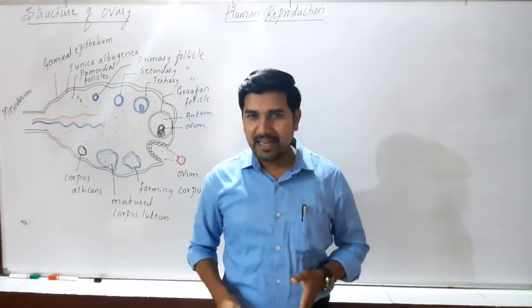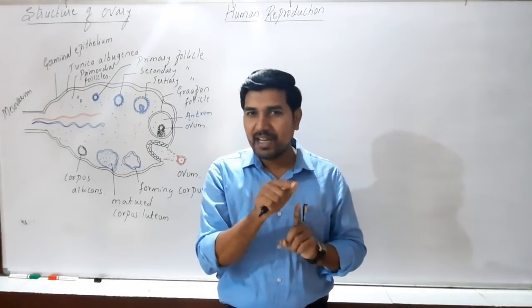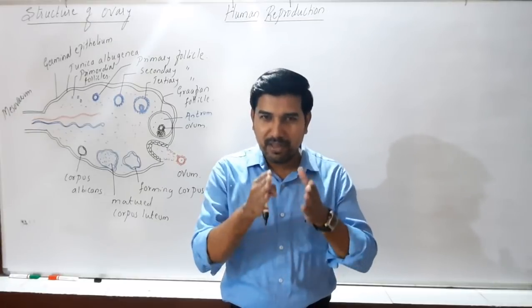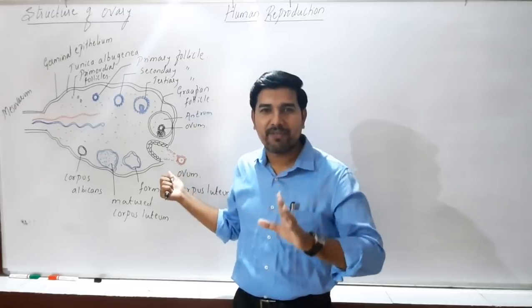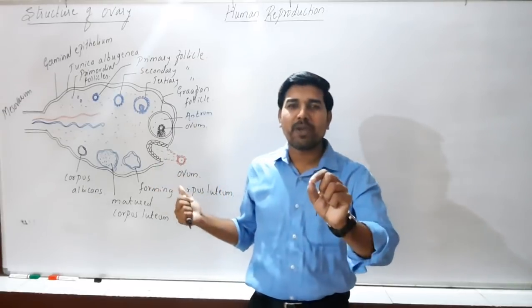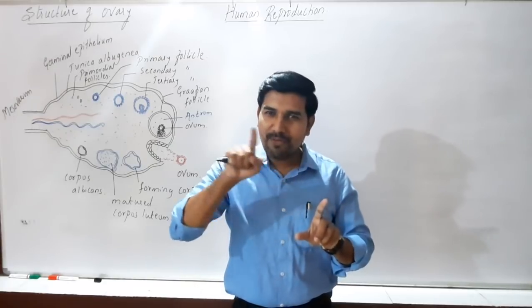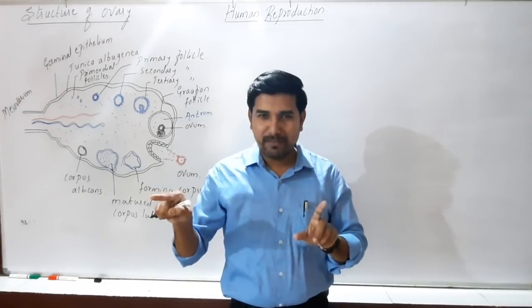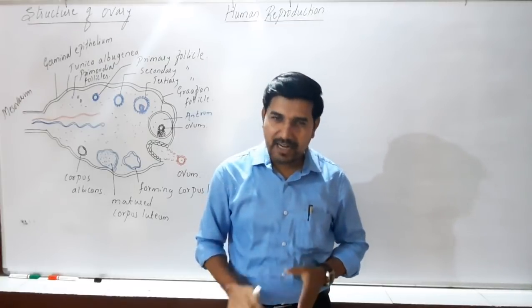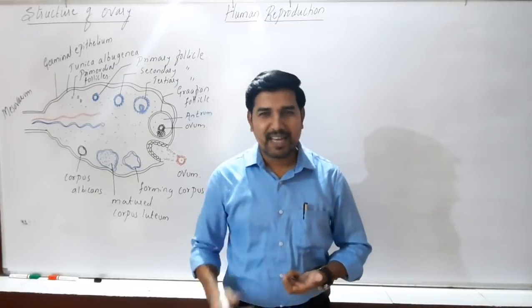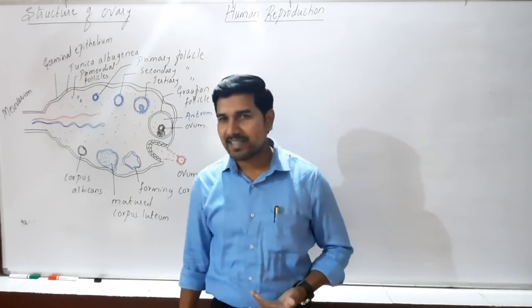Remember, the menstrual cycle occurs once in 28 days, and exactly at the mid of the cycle, the 14th day, the egg is released from the Graafian follicle. This process is said to be ovulation. So ovulation is the process of release of ovum from the Graafian follicle that occurs exactly on the 14th day of the menstrual cycle. Regarding the menstrual cycle, we are going to study the detailed account in later classes.